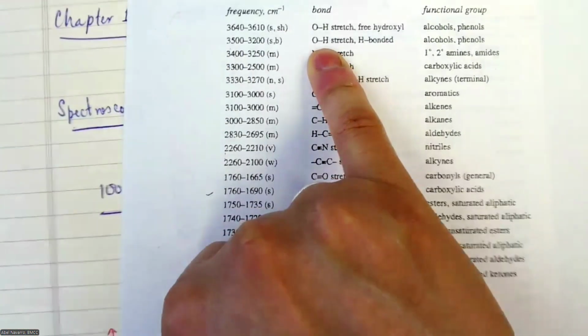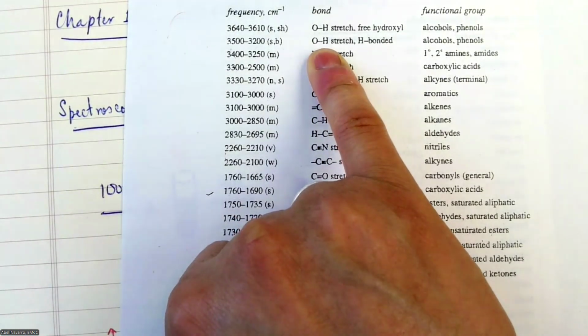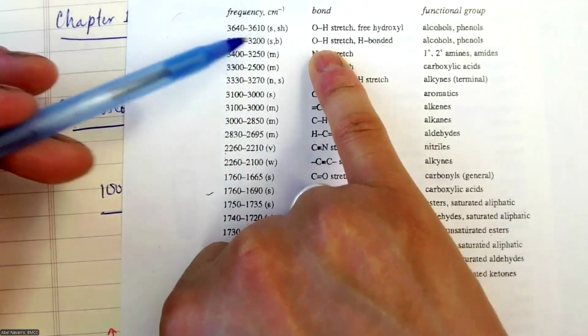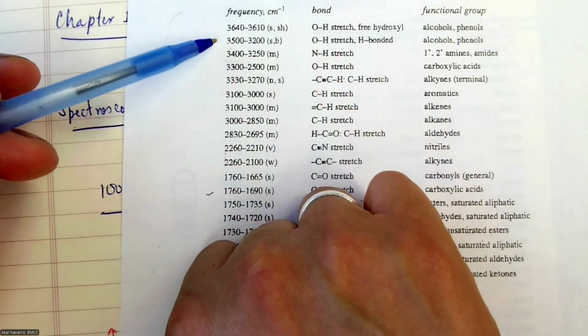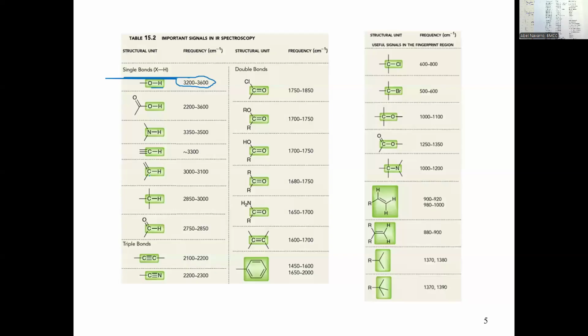Why does that other author think it's 3,200 to 3,600, and this one is from 3,200 to 3,500? And this one even has another type of OH. So all the authors have different approaches or different references. Maybe they have seen a particular OH that showed up at that particular wave number, so that's why they report it.